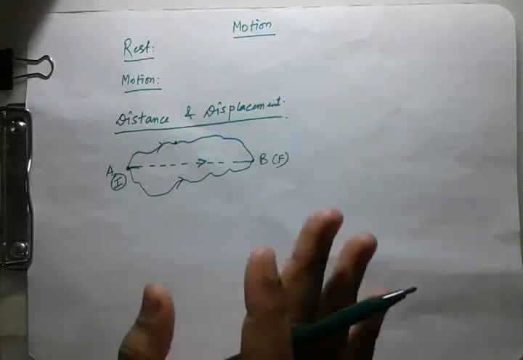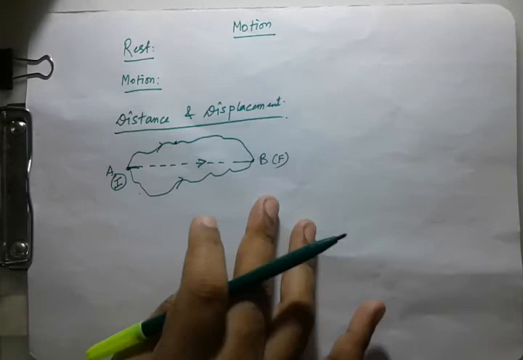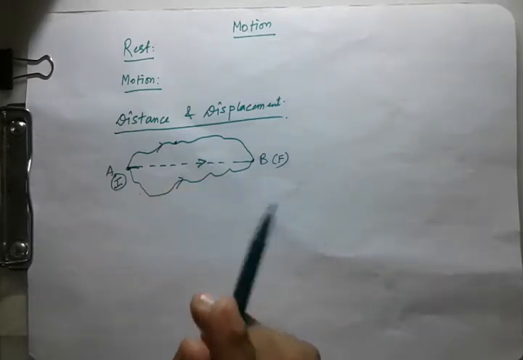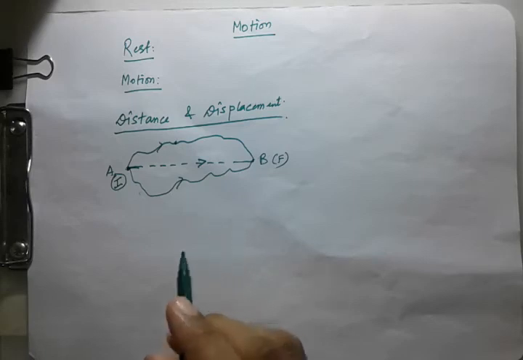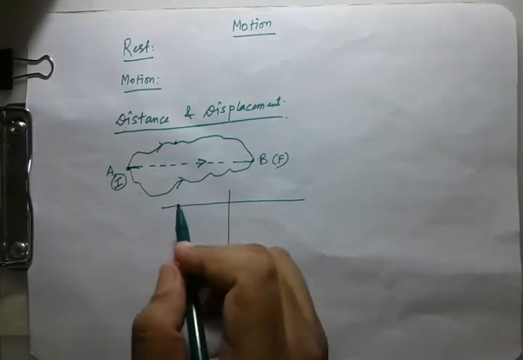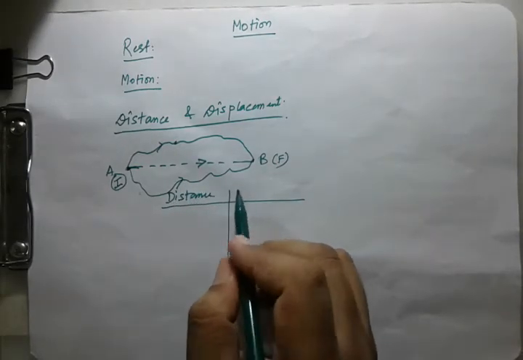This thing we already know. Now we'll discuss the difference between distance and displacement. So when the question comes, write the difference between distance and displacement. Like this way you have to draw distance and displacement.